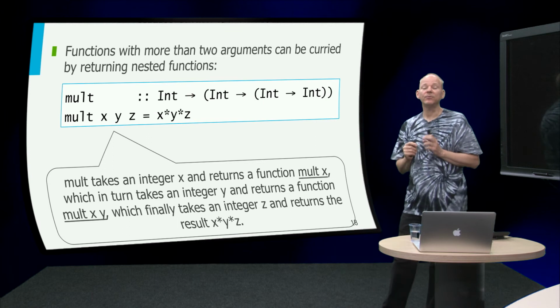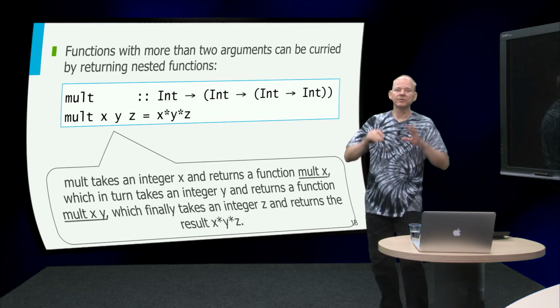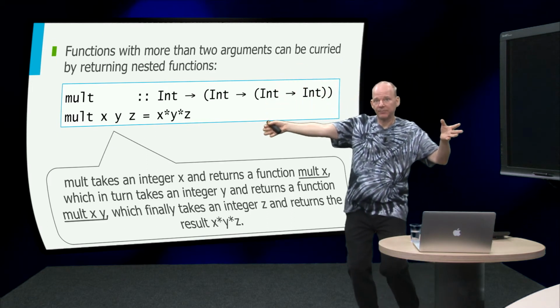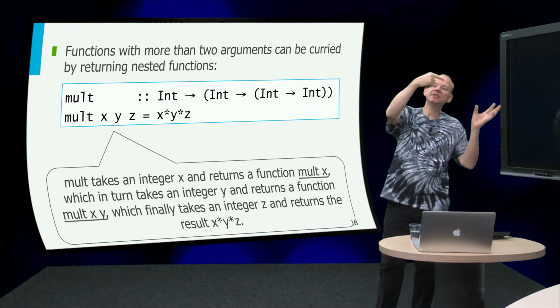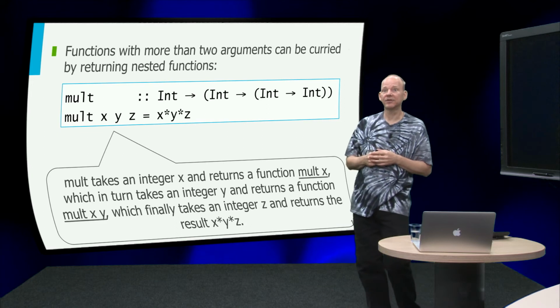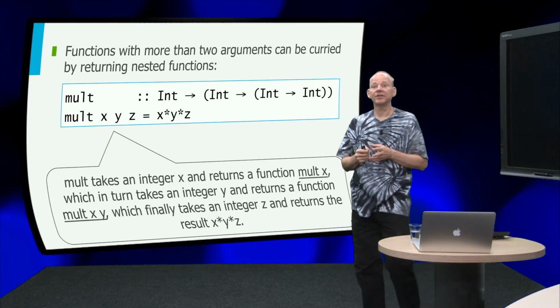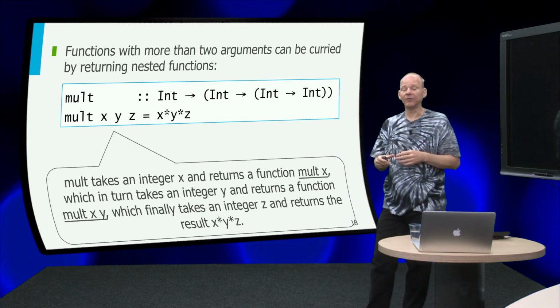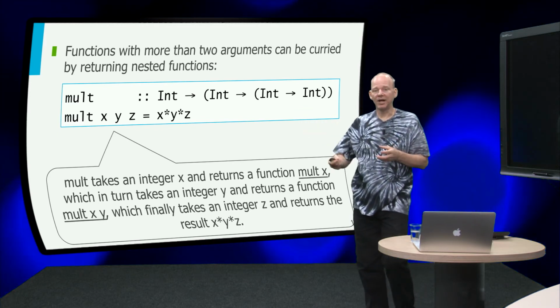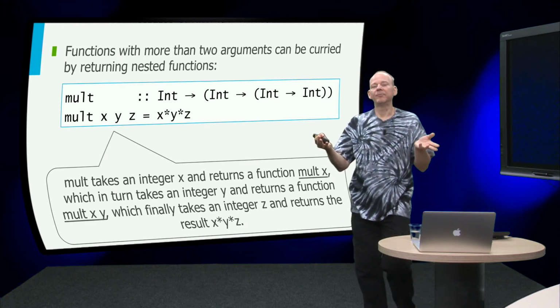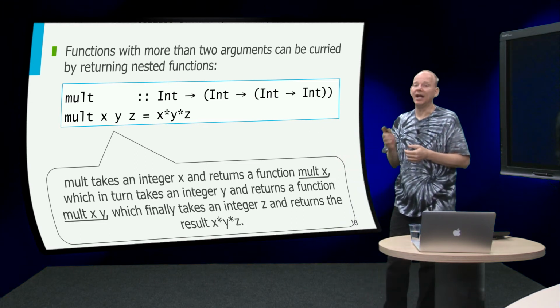If we would put the parens there, we would write mult x in parens, and then parens around that. So there the parentheses associate to the left. Okay, so for application, the parentheses associate to the left. For the function arrow, they associate to the right. And that matches up perfectly. So then, in practice, we don't have to write any parentheses.